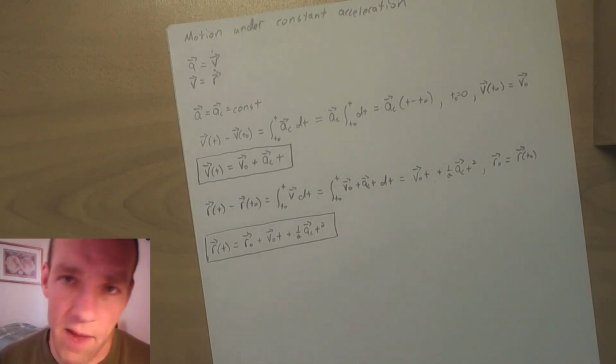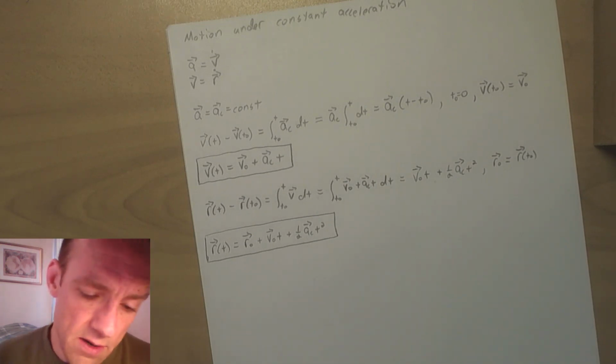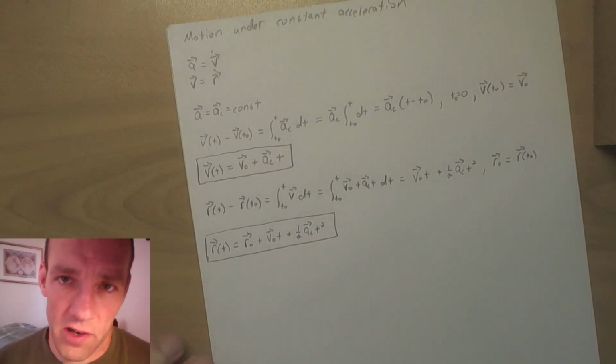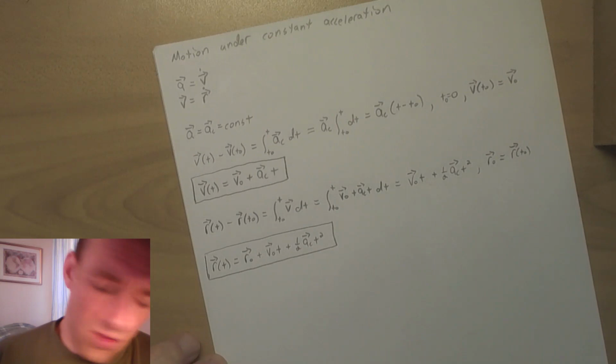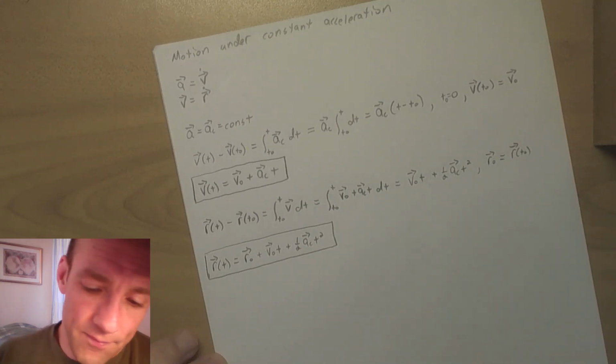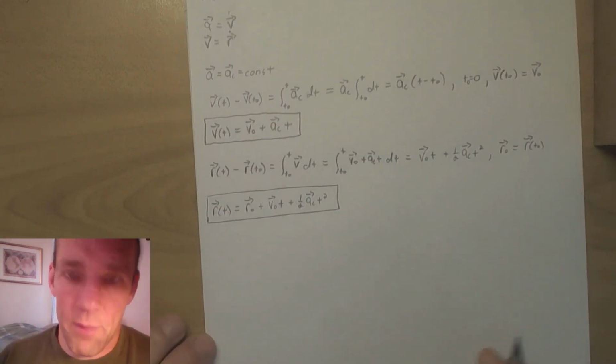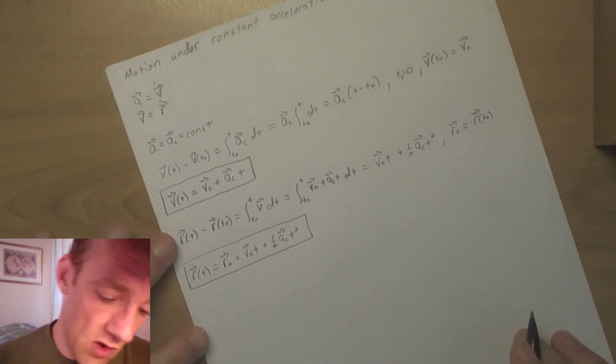So you've eliminated time from the equation. You don't really care when the projectile strikes the ground, but you'd like to know where it strikes the ground. That's just a quick example of when you might want to eliminate time from the equation.